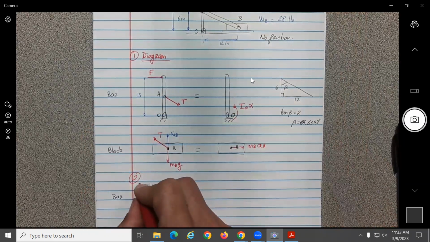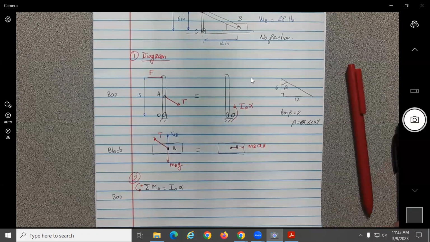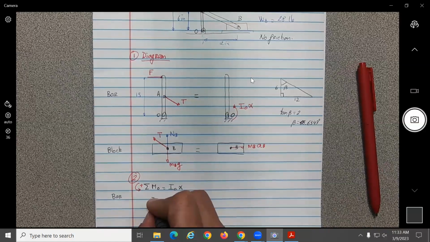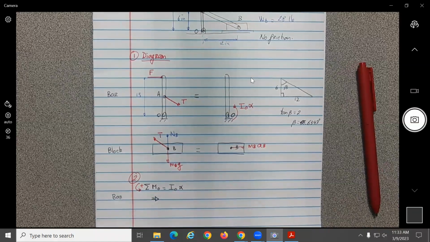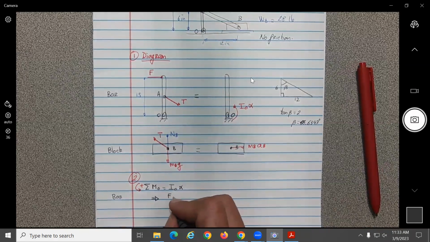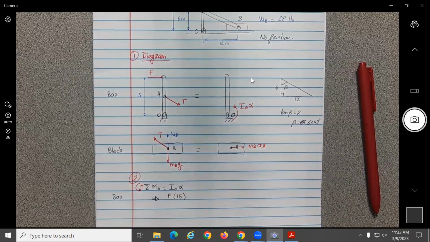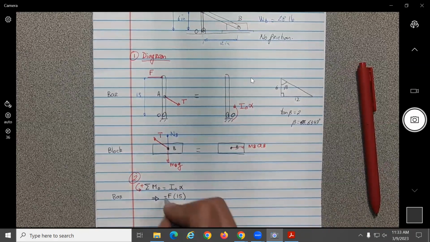So what will be the equation? Let's start with the easy one. F times 15, clockwise or counterclockwise? Positive or negative? Negative, no?